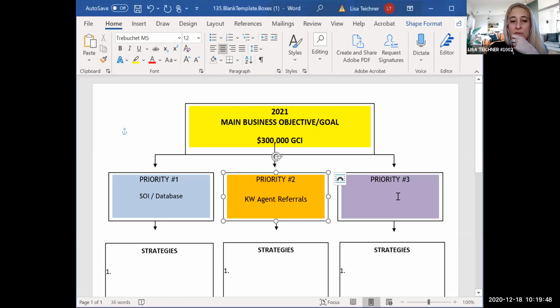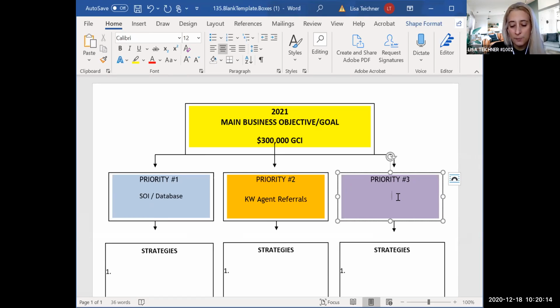So I'll give you another example, which right now, unless you're really creative about how you do it, isn't going to work as well as a priority. But I can tell you a really strong one in the past for agents has been networking or events or client appreciation events or systems.